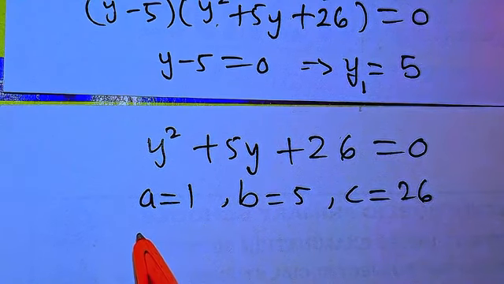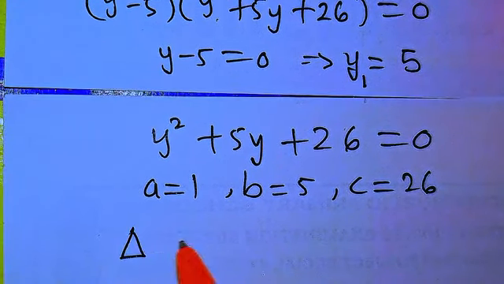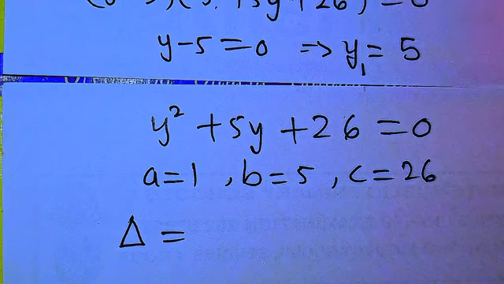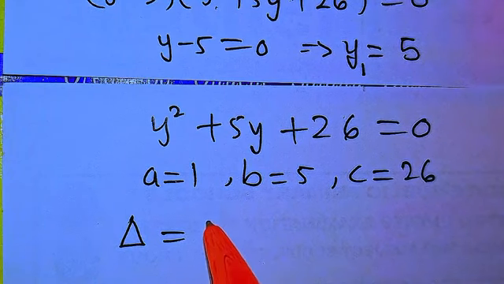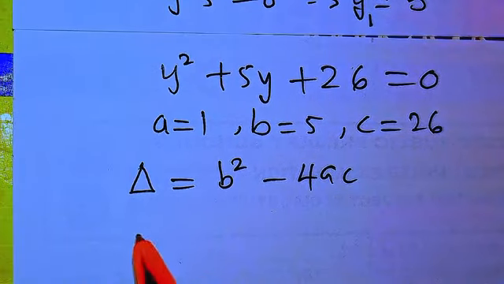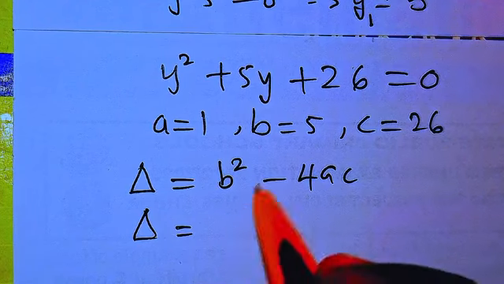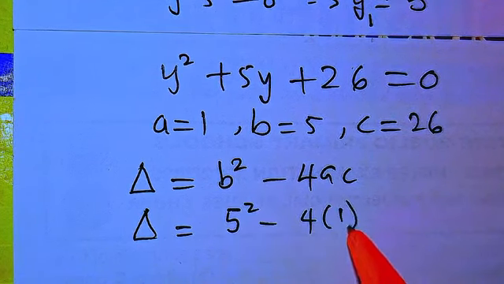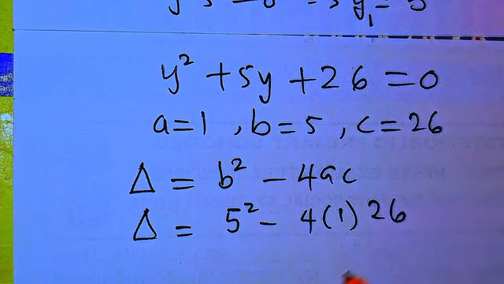So now let us use the discriminant to check whether this equation will give us real roots or not. So we're going to have the discriminant to be b squared minus 4ac. The discriminant is going to be b squared, which is 5 squared, minus 4, a is 1, then c is 26.